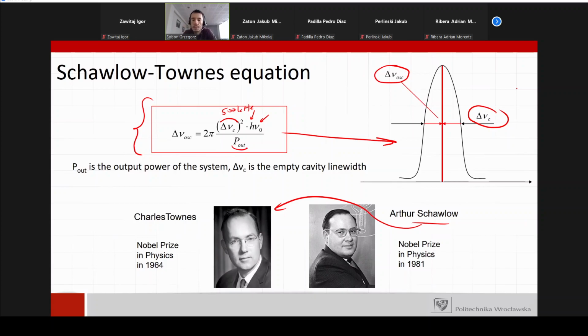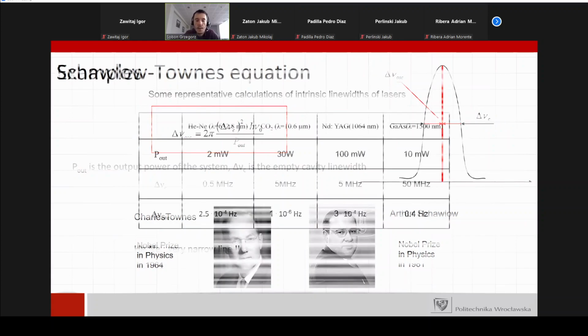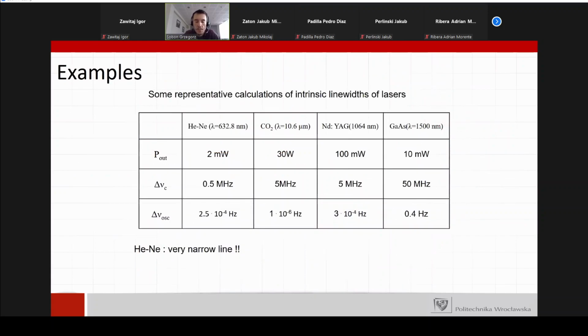So the oscillation, the stimulated emission of the laser, will just make the emission line narrower than what results from the empty cavity. And here you can see some representative examples of line widths of lasers.